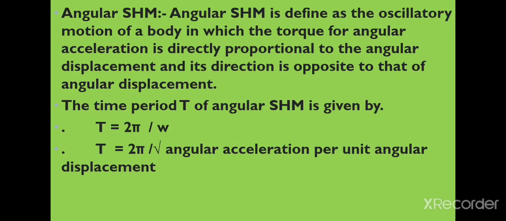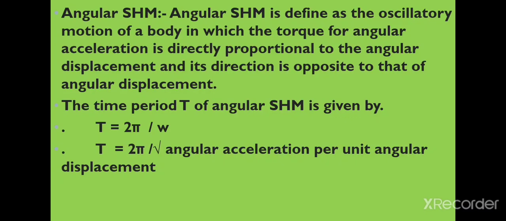Therefore, angular SHM is defined as the oscillatory motion of a body in which the torque or angular acceleration is directly proportional to the angular displacement, and its direction is opposite to that of the angular displacement.